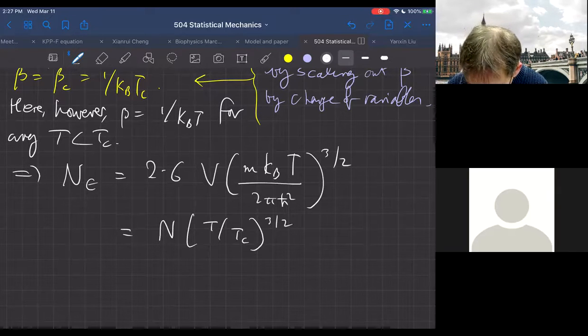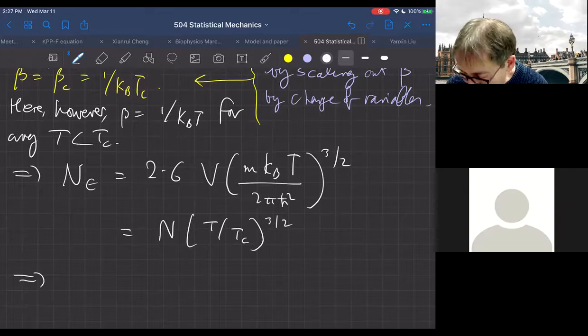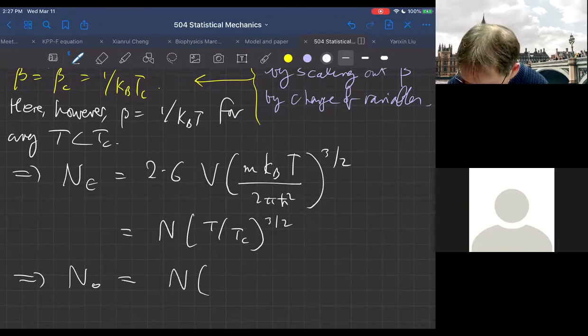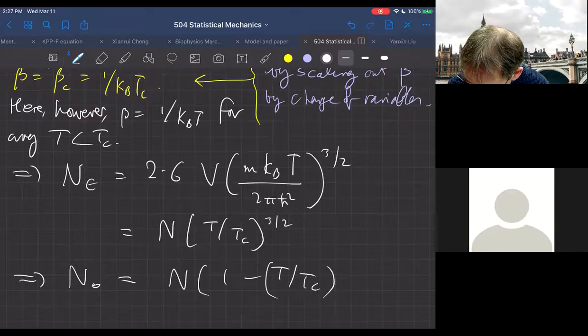That then allows us to compute by subtraction the number of particles in the condensate. Therefore, N_0 is the total number times 1 minus T over Tc to the 3/2 power, just like that.